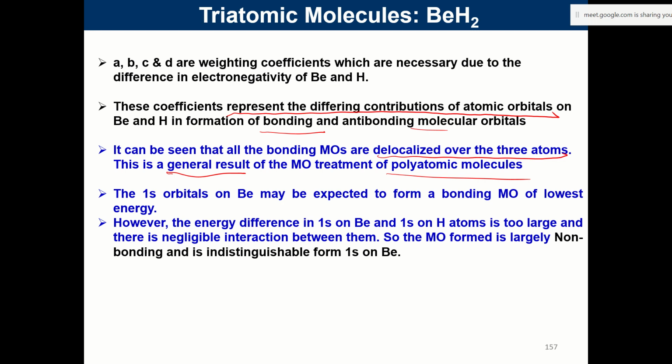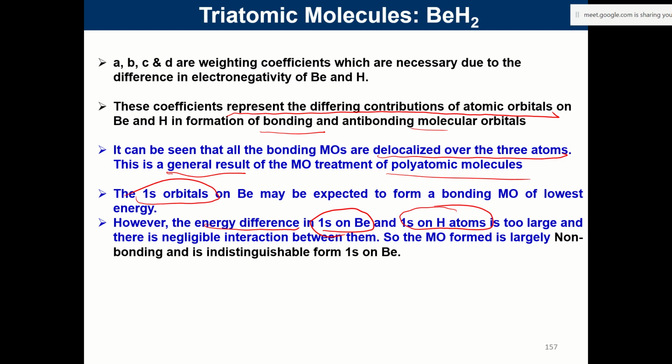Because again, जैसे हमने H and F का एग्जाम्पल लिया था, although the fluorine 2s orbital has good symmetry, the energy difference was huge, and that's why overlap was poor. For the similar reason we do not take 1s orbital on beryllium in this consideration. ठीक है, so the energy difference between 1s on beryllium and energy of 1s hydrogen atoms is very large.